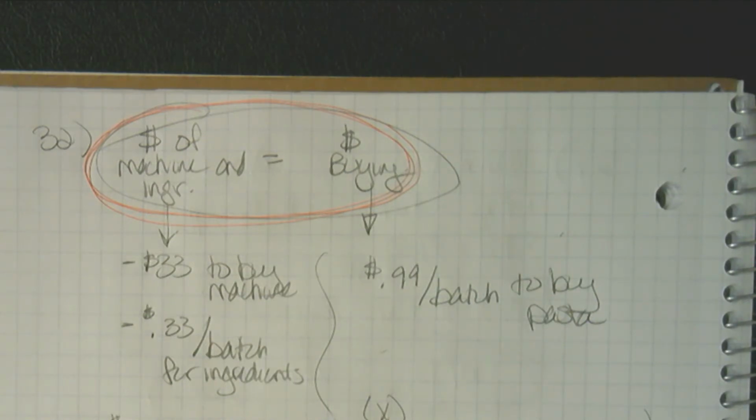How many batches can I make for that amount of money? That would be one situation, parts equal to your whole. Total money to spend equals the 33 plus 0.33x. That's an individual thing. We're not comparing them together.